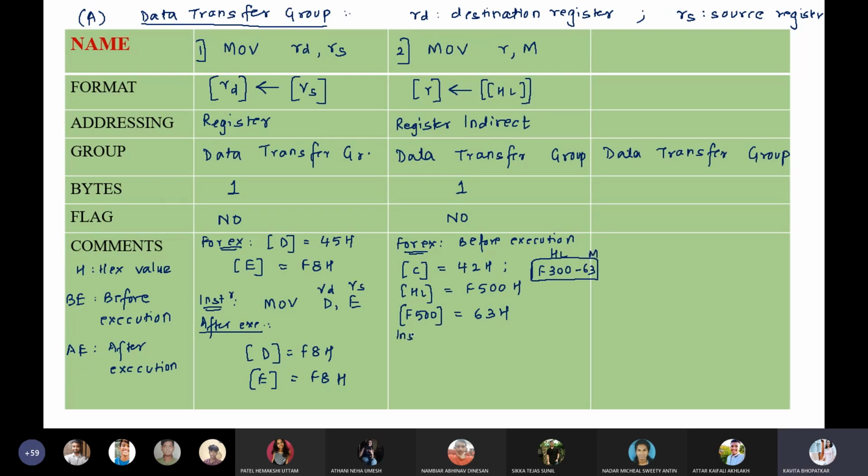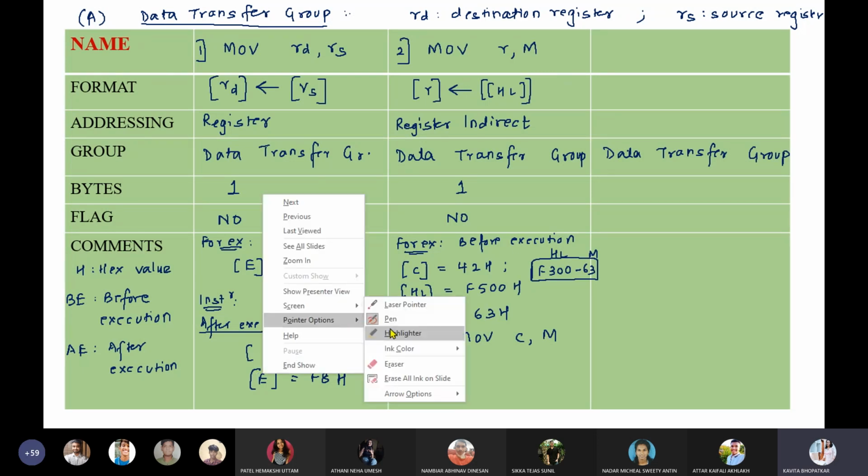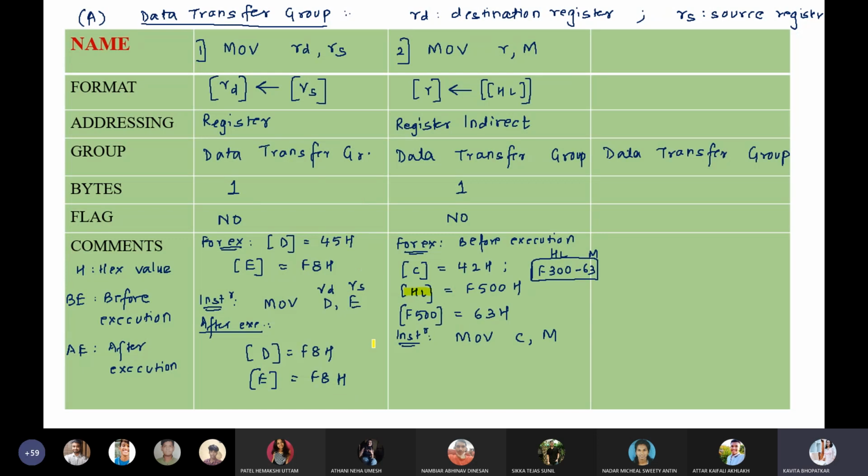ठीक है. So if I write an instruction as MOV C, M, it means memory pointer data will get copied to C. Now what is memory pointer data? To find memory pointer, first we need to go to HL. What is the data? F500.